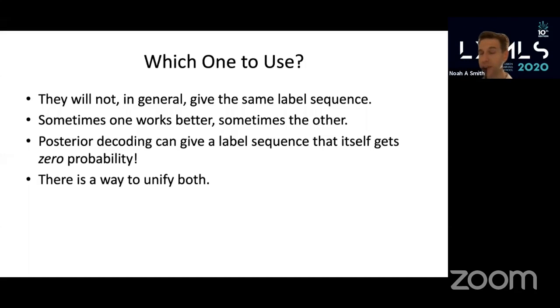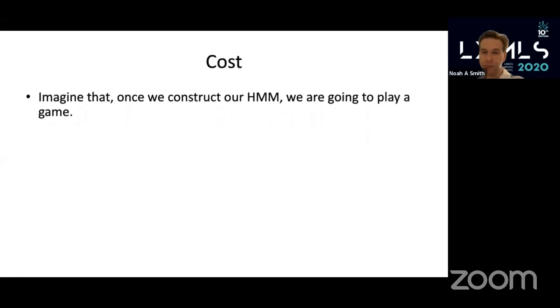But you might still make a choice like that. And whether that's bad depends on your task, your application, your situation. So I'm certainly not going to tell you which one to use, but instead I think it's more useful to try to unify them and understand why you might choose one or the other and why we might expect one to work better than another in a given situation.